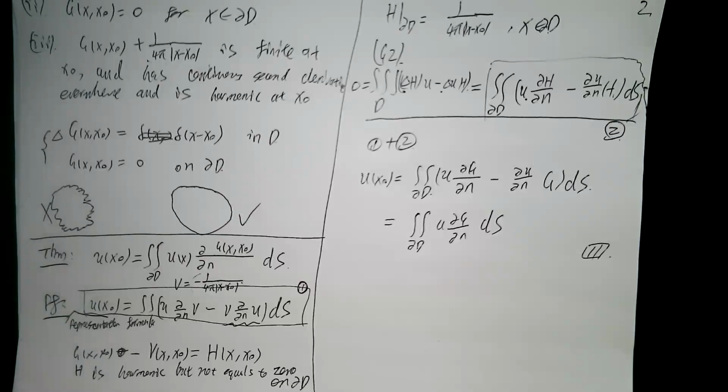So this means as long as we are able to find the Green's function on the domain D that satisfies the three properties, then we are able to solve our Laplace equation on any domain.